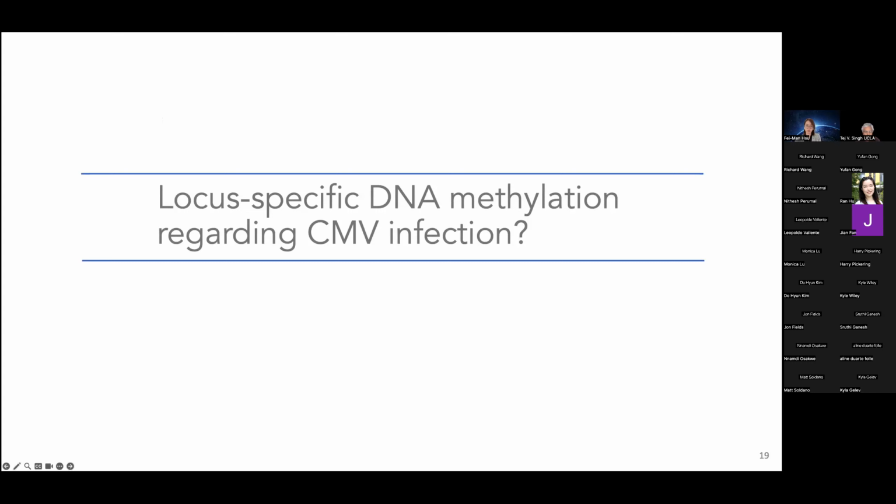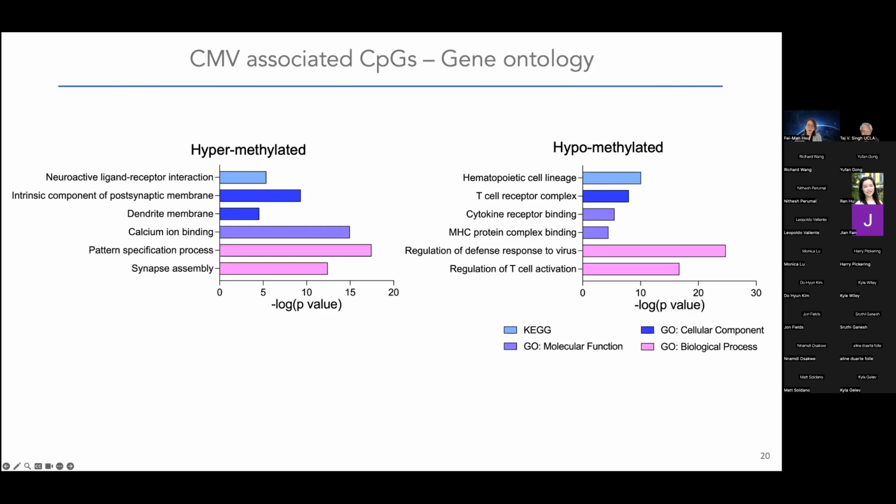We use multiple linear regression models to test for the associations, and we isolate hundreds of CpG sites and group them into whether they are hypermethylated in CMV positive patients or hypomethylated in CMV positive patients.